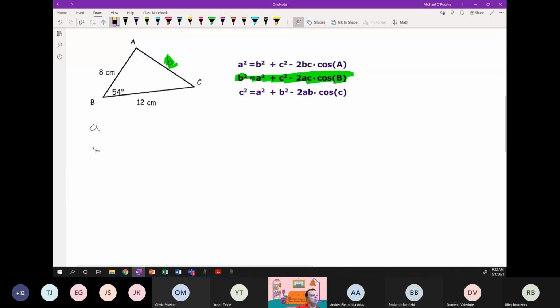What's my C side? What's my C? So I need A, C, and, for lack of a better term, I need angle B. Can you guys help me out here and tell me what my A side is, what my C side is, and what my angle is? Please and thank you.